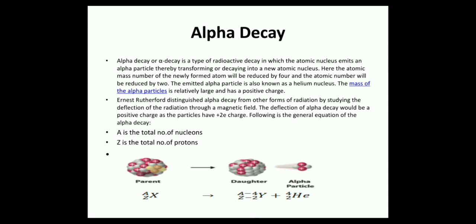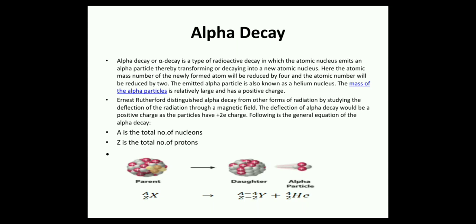Ernest Rutherford distinguished alpha decay from other forms of radiation by studying deflection of radiation through a magnetic field. The deflection of the alpha particle would be toward the negative side, as the particles have a positive 2e charge.